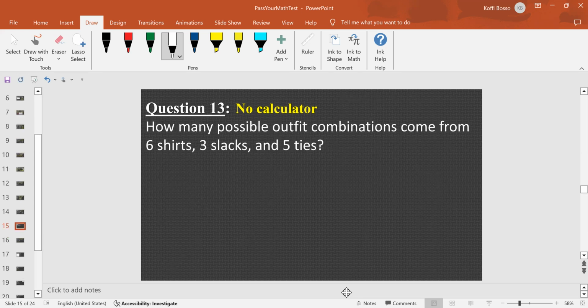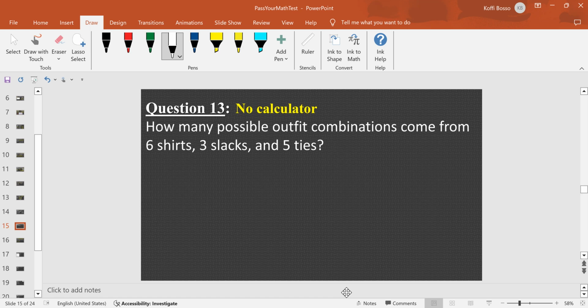Question 13, no calculator question. Okay, so this is again a part of probability, counting numbers question. To solve this question, you have to understand that they want to know the combination between three different numbers.